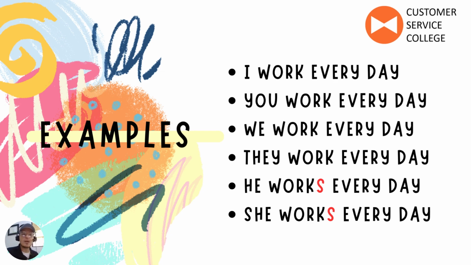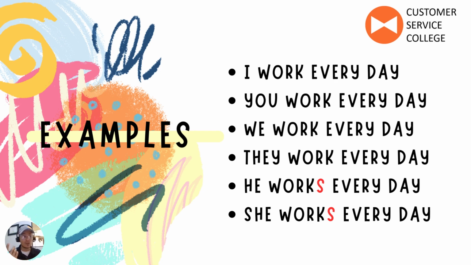And in here you have an example of affirmative sentences of how you conjugate verbs in English. So if you notice, I work every day, it's the same structure. You work every day, we work every day, they work every day. So we only make one change for he, she, and it by adding the S to the verb.